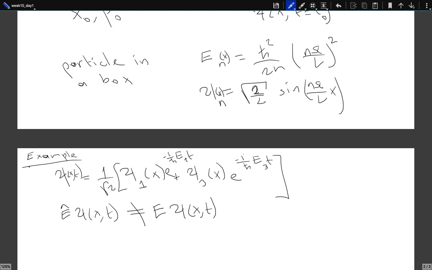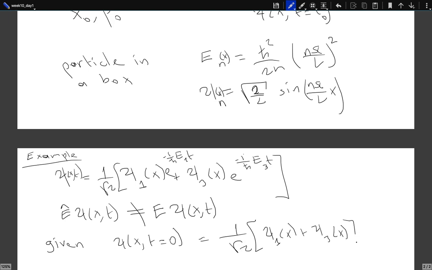You see, here 1 and 3. I am assuming that given psi of x at t equal to 0 is equal to 1 over square root of 2 times psi 1 of x plus psi 3 of x. If at t equal to 0, this is my wave function, at some other arbitrary time, it will look like this one.